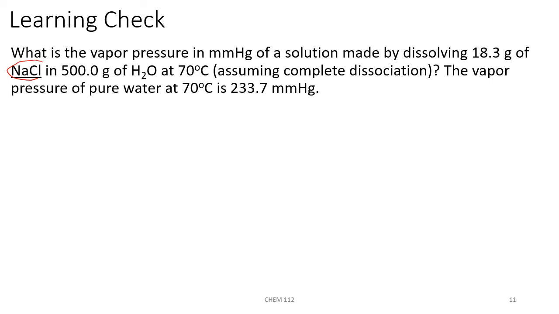In this case, I'm trying to hint to you by underlining NaCl that NaCl is ionic. So we know that it's going to break up into particles. We're going to get sodium and we're going to get chloride anions. So our theoretical i factor in this case will be equal to 2 if we assume complete dissociation.